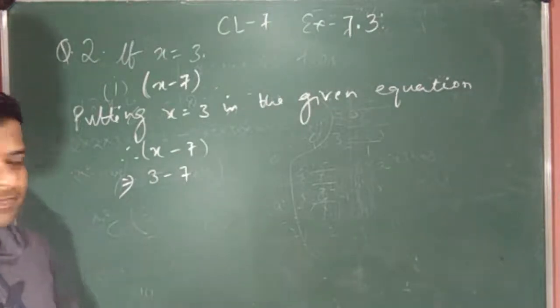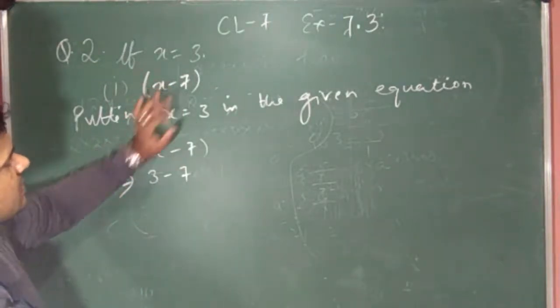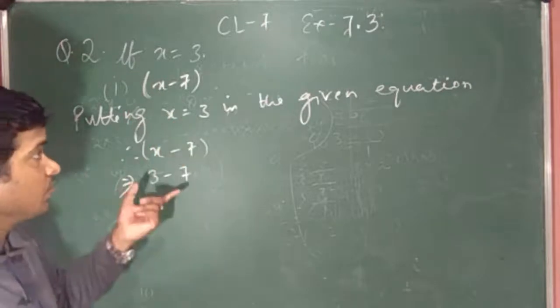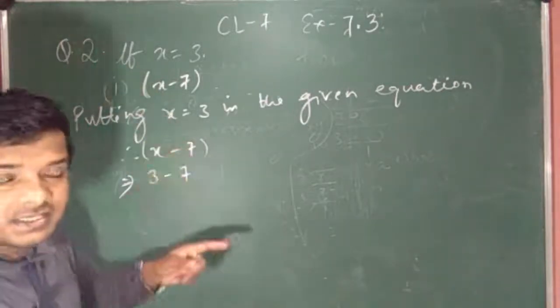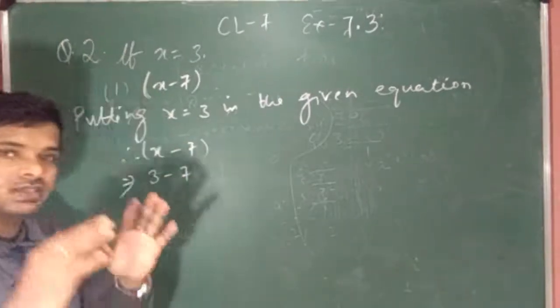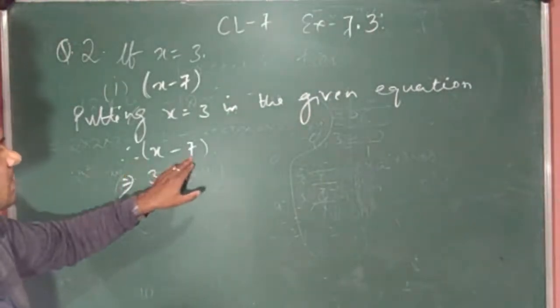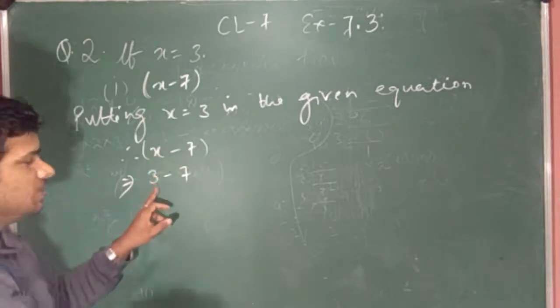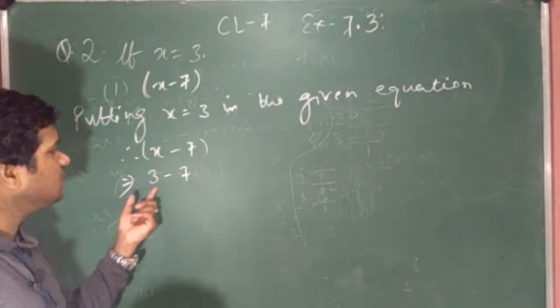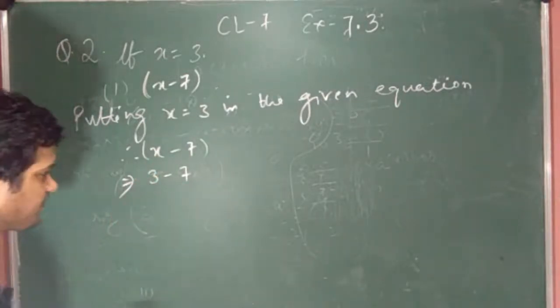That's all. So in place of x we write 3, which means we are going to do 3 minus 7.